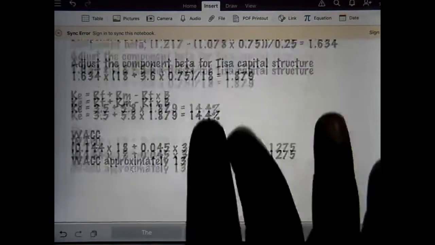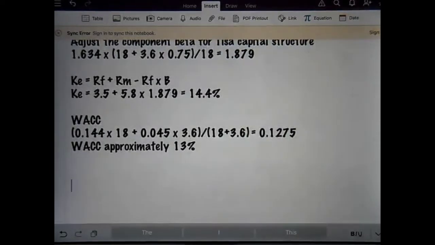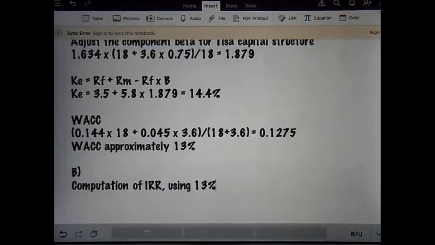Okay, you better do one rate at what? Part B, right? What's the other percentage you should be using? Let's say, since you already know it could be very, very high.